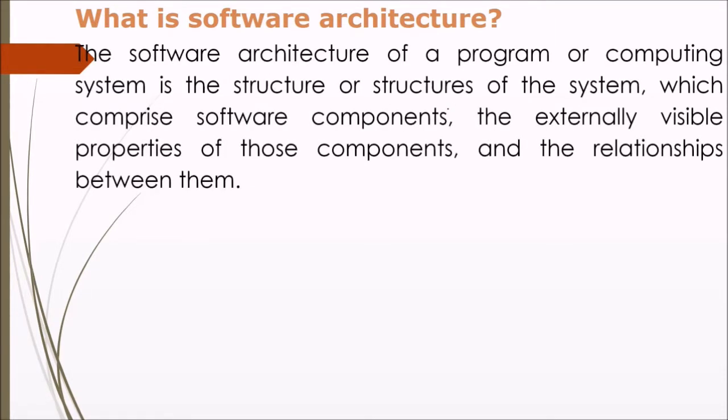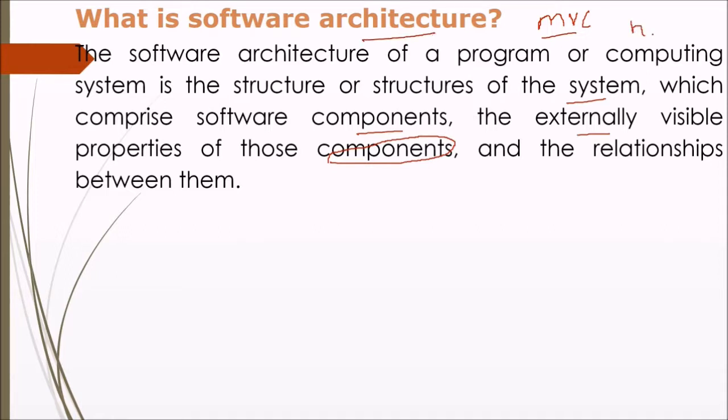The software architecture of a program or a computing system is the structure or structures of the system, which comprise software components and the externally visible properties of those components and the relationship between them. So software architecture, if I can give you an example, like MVC, model view controller, is a software architecture.